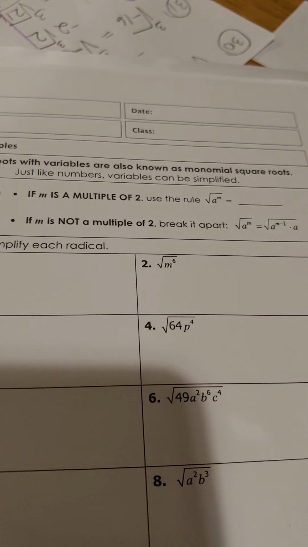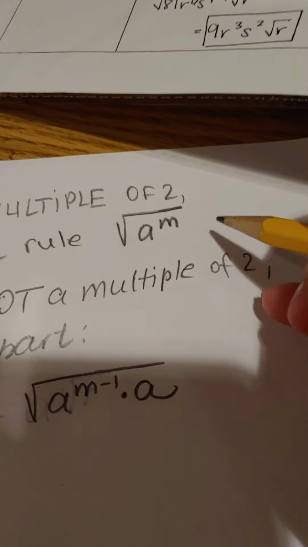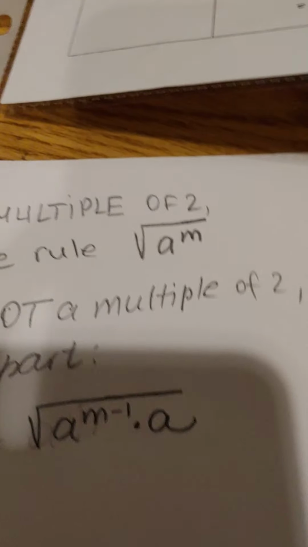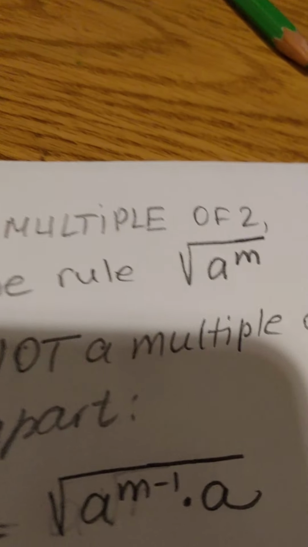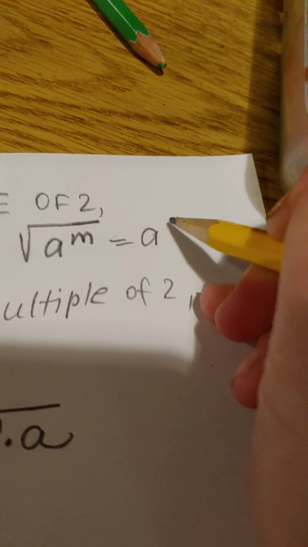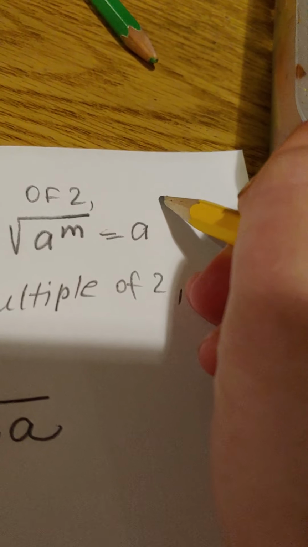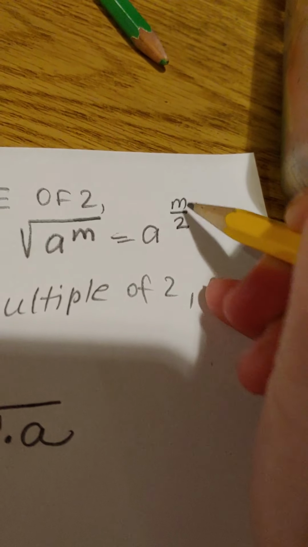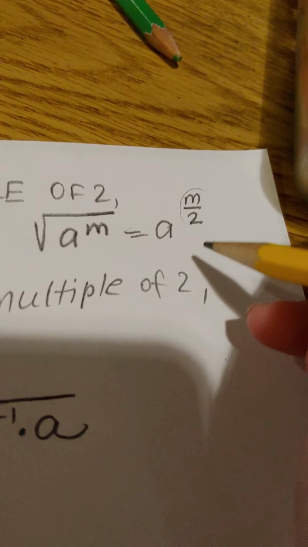If m is a multiple of 2, we're going to use the following rule. The radical of a to the m equals a, and then we put a fraction m over 2 as the power of a.